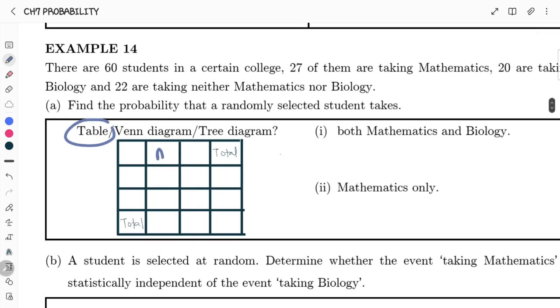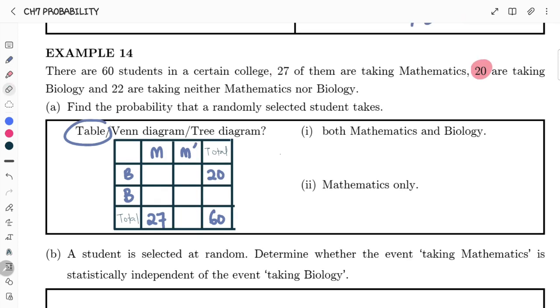We have math, then we have biology. 60 is the number of the sample, and 27 in total are taking mathematics, 20 are taking biology, and then 22 are taking neither, so not taking math and not taking biology.